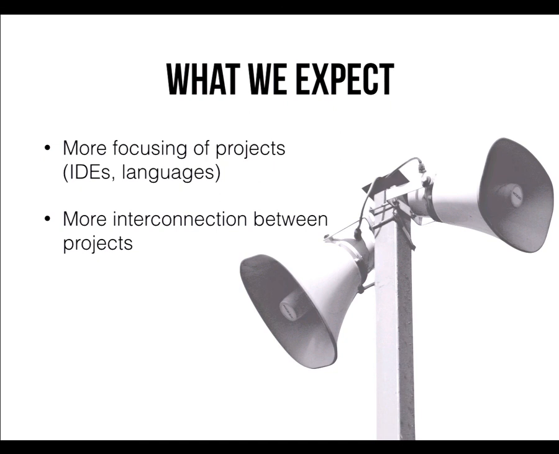What we expect from all this is less duplication of code, basically. Easier transition between different tool generations, because we decouple the tool and the language life cycles, and also better interconnection between projects.